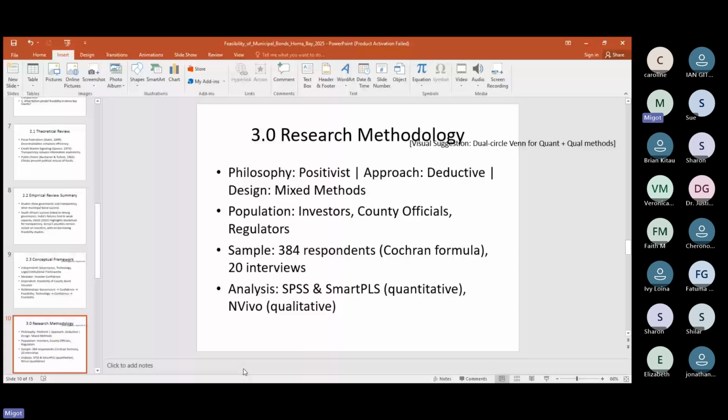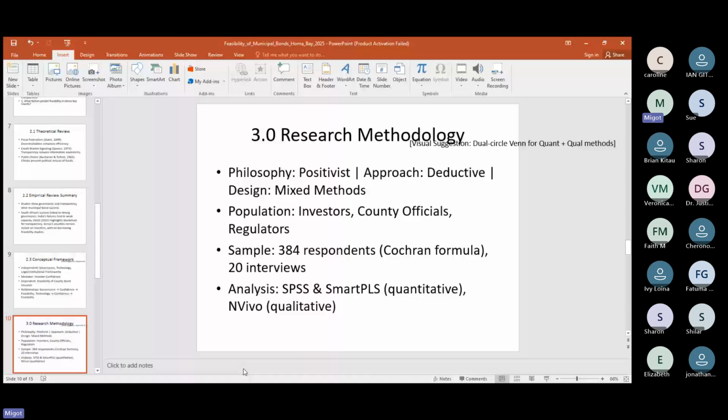When we go to the population and sampling, the population will include the institutional investors, i.e. the banks, pension funds, insurance, and also saccos included. We will also have the retail investors, and also county officials and the regulators like CBK, CMA, and the National Treasury. For the sampling method, a stratified random sampling approach will be used.